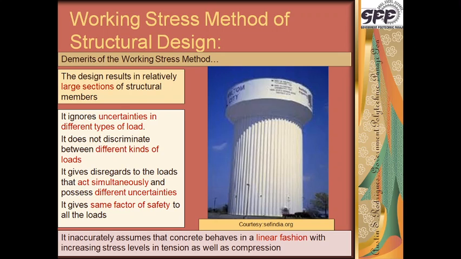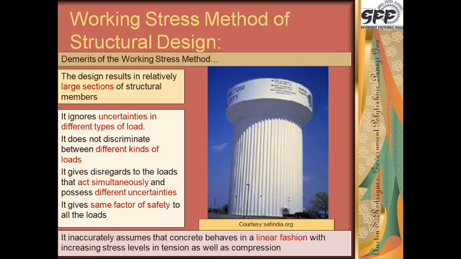It also ignores uncertainties in different types of loads. What happens in this design is, whatever may be the type of load, it considers that all the loads would be acting together. For example, there may be dead load, live load, wind load, snow load, earthquake load.